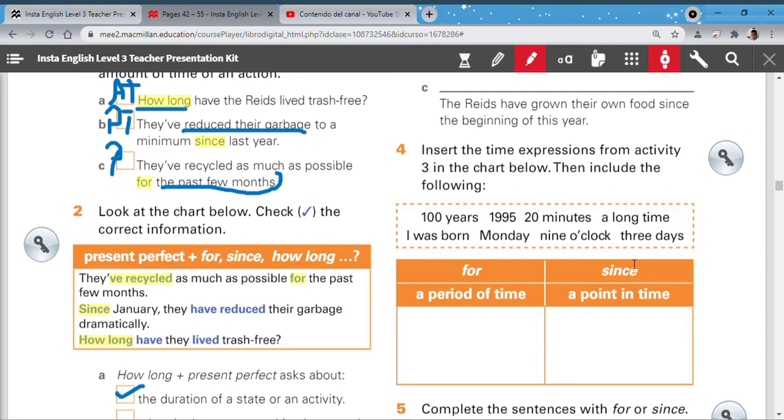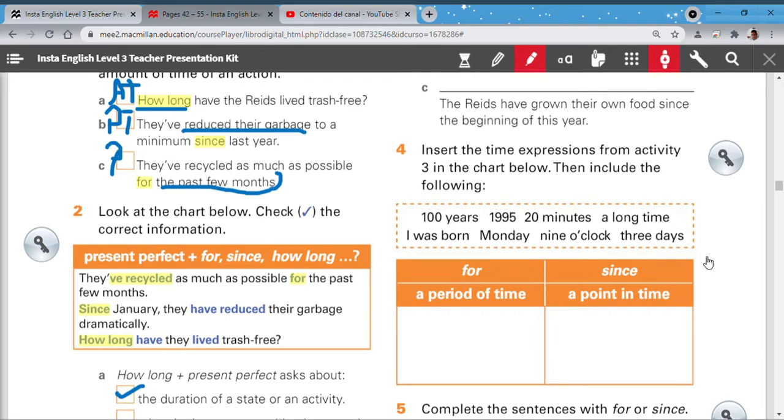A point in time. He moved in the beginning of this year. I was born, Monday, 1995, 9 o'clock. Okay, since 9 o'clock, I'm working on this activity. Since 9 o'clock, I've worked in this activity.